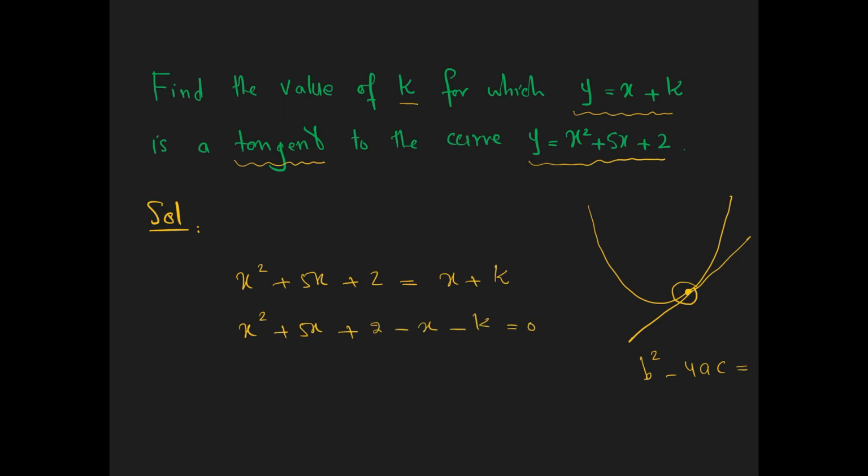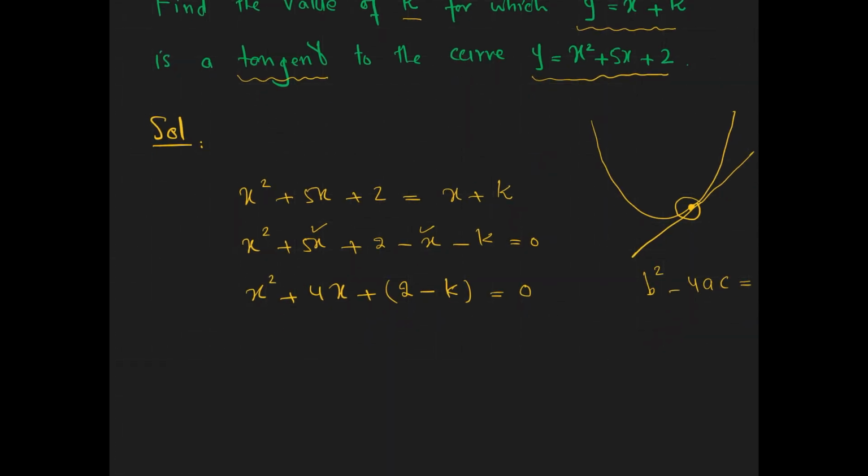And if we rearrange this one, we'll get x square plus 5x minus x is 4x, and these are the constants, 2 minus k is equal to 0. This is a quadratic equation now, and clearly the value of a is 1, the value of b is 4, and the value of c is 2 minus k.